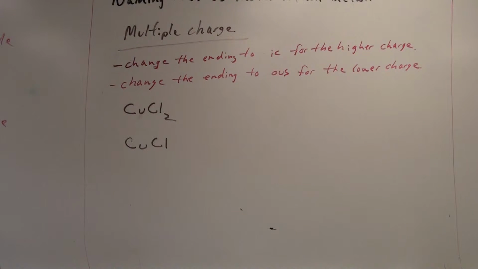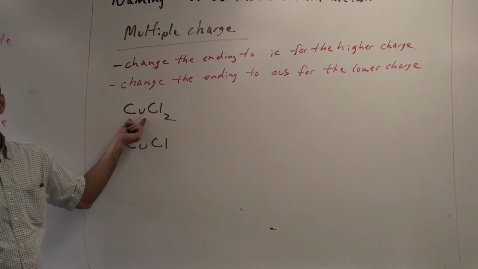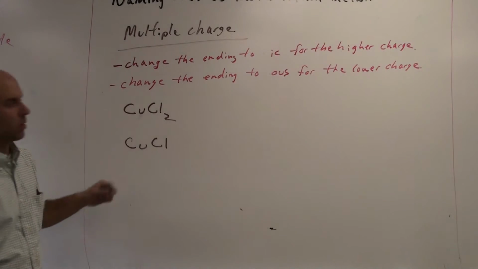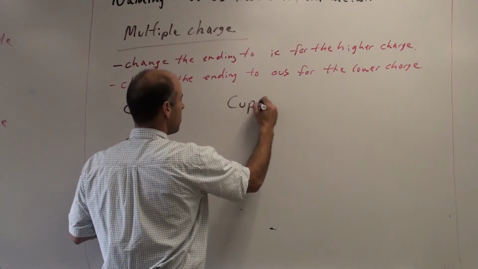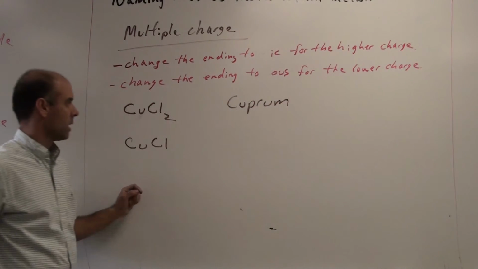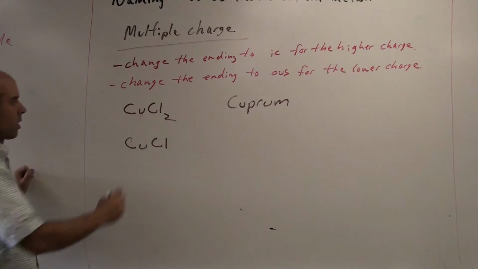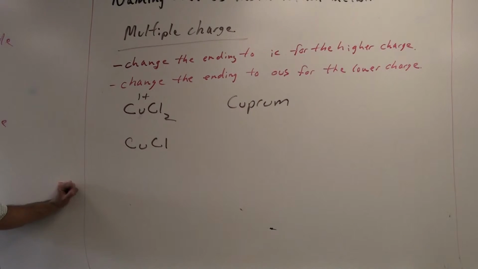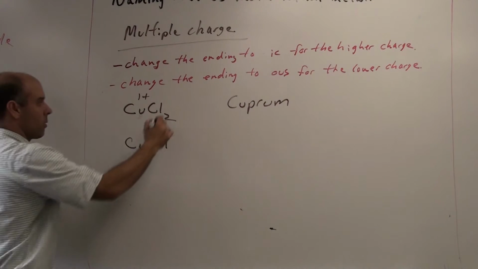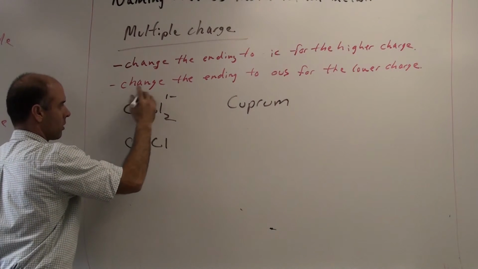Now, when you use this old system, the stock system, you need to use the Latin names for these elements. So, what is the Latin name of copper? Cuprum. Now, this is the +1 copper, because if you work backwards, no, I'm wrong, that's the +2.